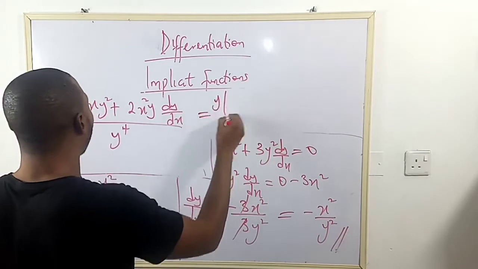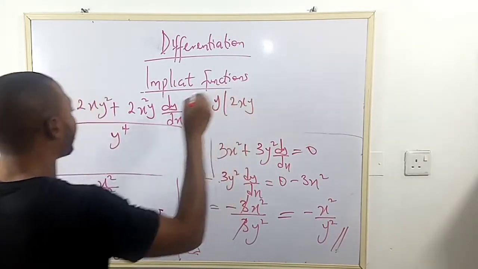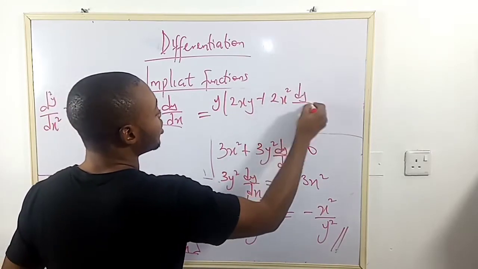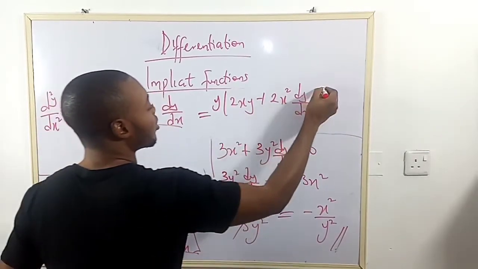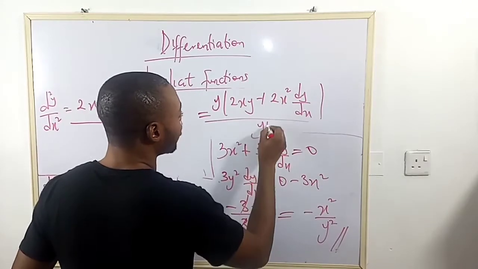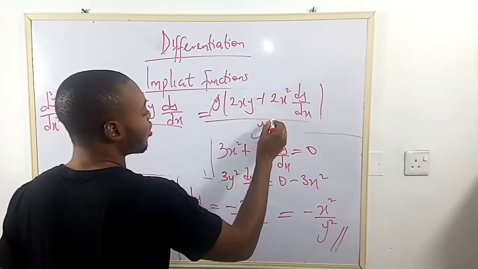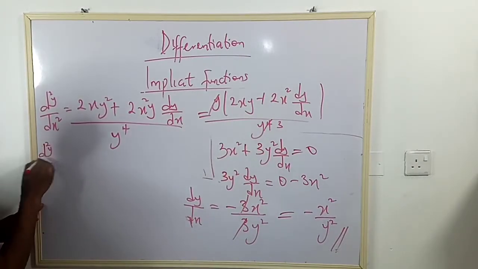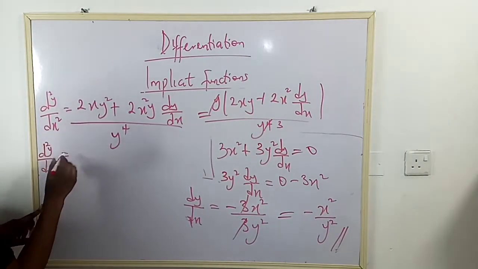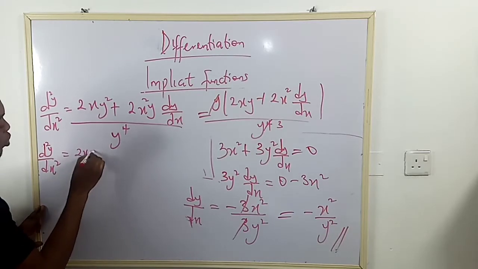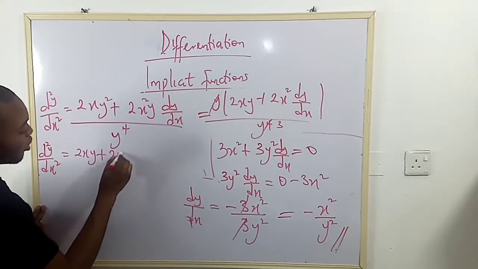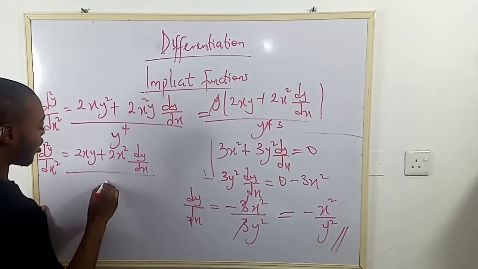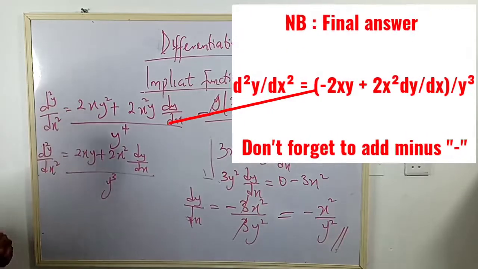That means we can have it as y into bracket 2xy plus 2x squared dy/dx, all over y raised to power 4. So y we cancel and we have y raised to power 3. d²y/dx² will be equal to 2xy plus 2x squared dy/dx all over y raised to power 3. So this is our second derivative.